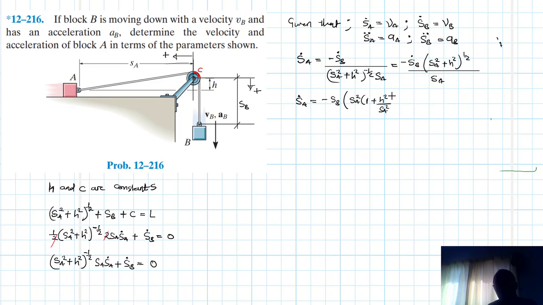The reason we are doing this is to make it a bit easier when it comes to the derivative.